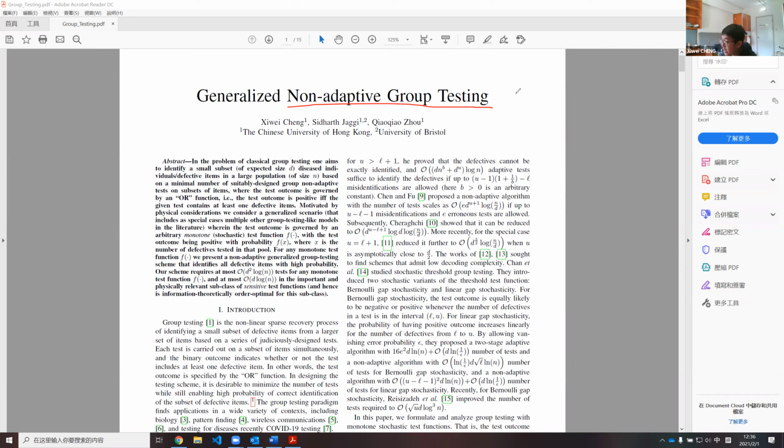For example, we can number the 8 people from 0 to 7, and write them in binary form. In the first test, we test the items whose first digit is 1.